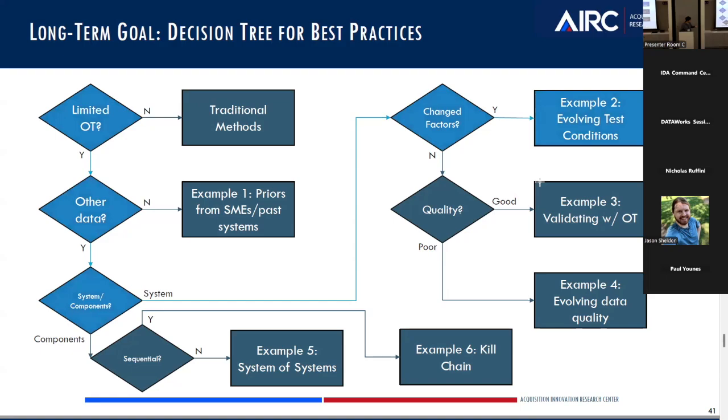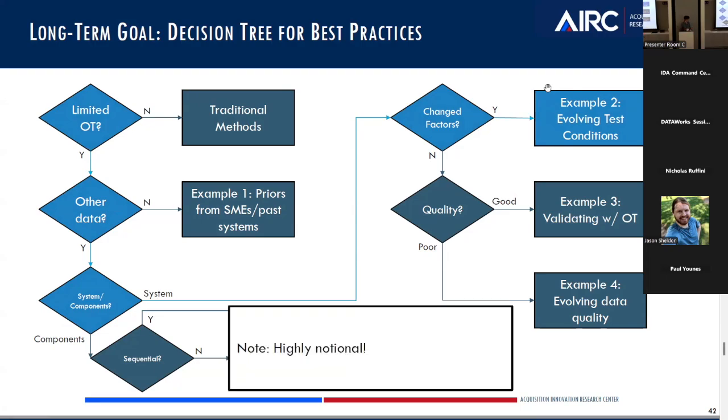And what I showed you today, I limited OT. We had other data that described the system, and the factors were changing in between the different test phases. So maybe we would land over here, right? But different programs will wind up in different spaces in this decision tree, with the caveat that this is highly notional and is something I mostly just made up. Okay, so don't treat this as Virginia Tech's take on this.